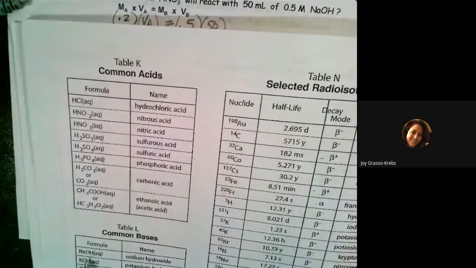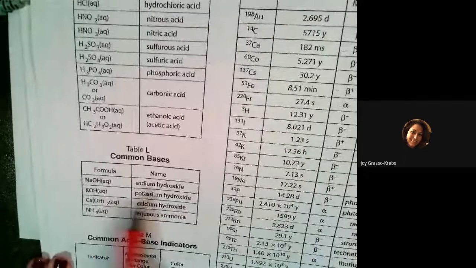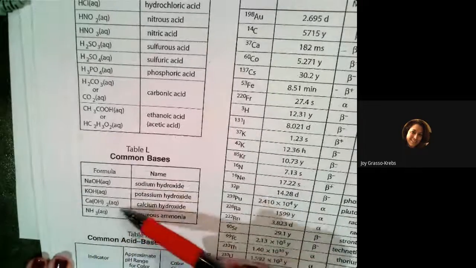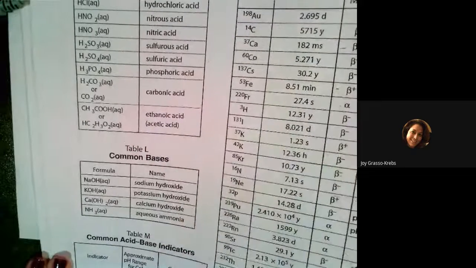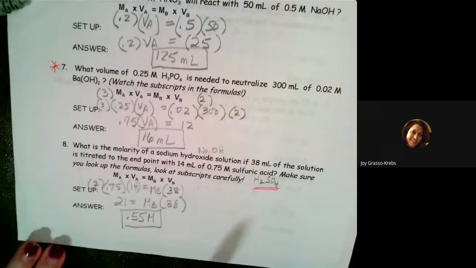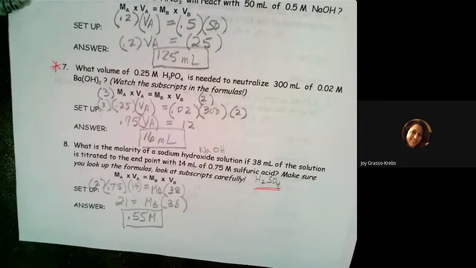And there is the NaOH, sodium hydroxide, right there. And notice again, AQ, AQ, AQ, AQ. All of these are in aqueous. Acids, bases, and salts are electrolytes. Ions are free moving. So the final answer I got here was 0.55 molar.